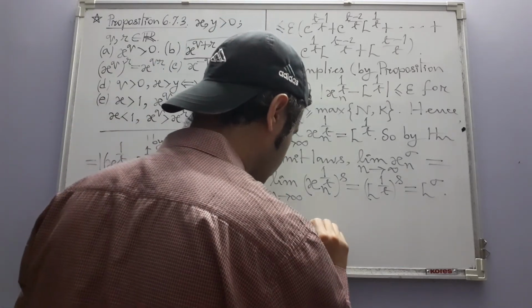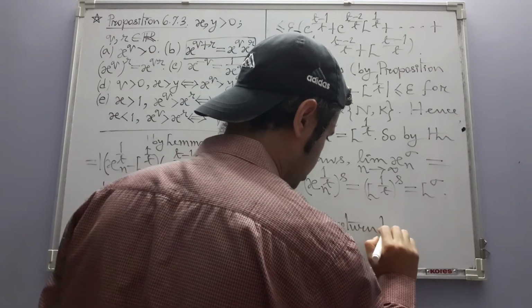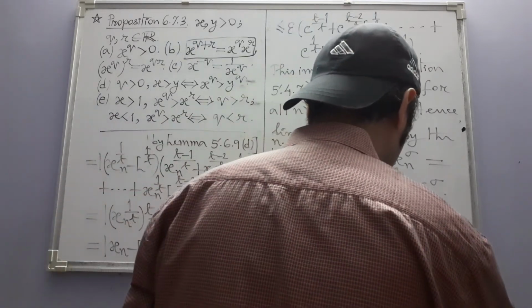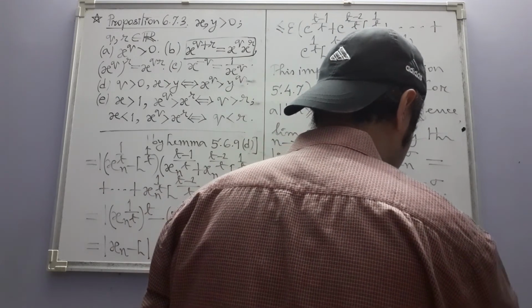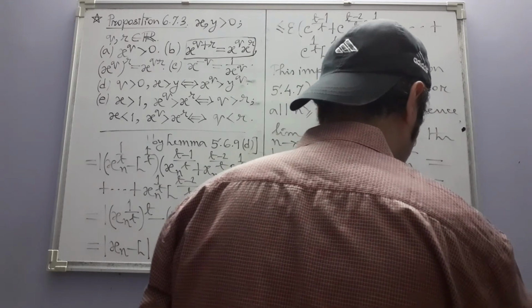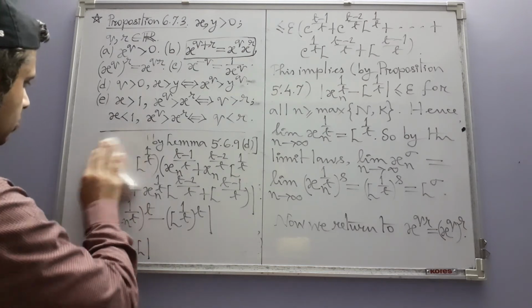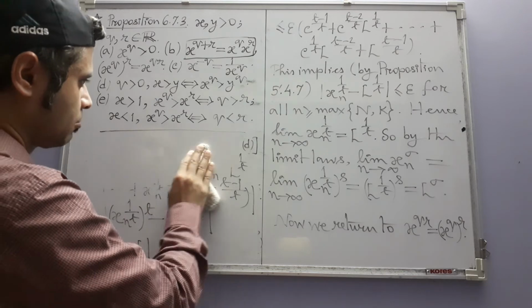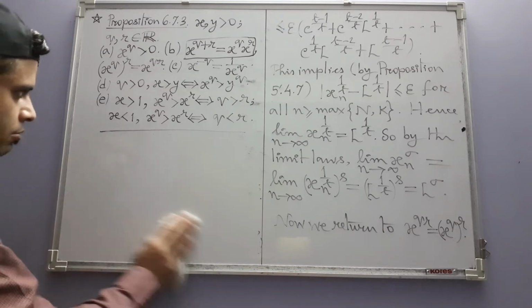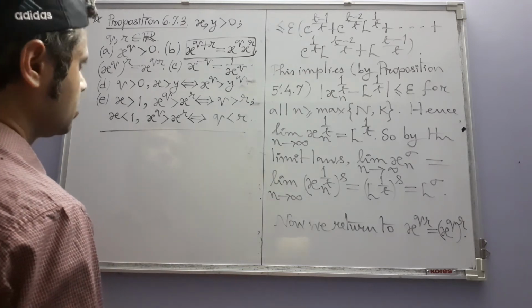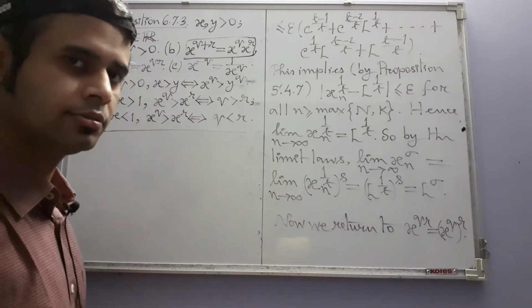Now we return to our second identity from part B. I think it's better to prove parts D and E in another video.